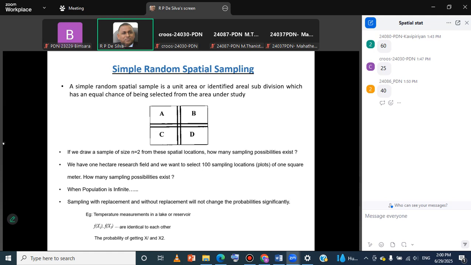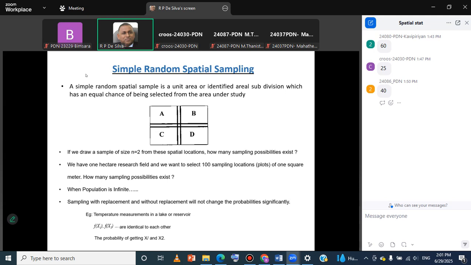That's why I say for temperature measurements in the lake or reservoir, the probability function f(x1, x2) are identical to each other. The probability of getting x1 and x2 are the same. So that is the opportunity when you have unlimited, or replacing, the number of samples you have.